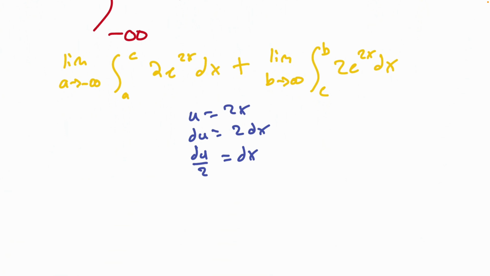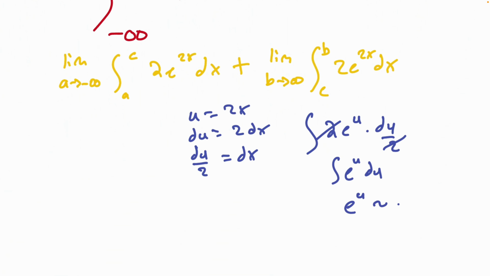So this changes to the integral of 2 e to the u times du over 2. Our 2's cancel out. We're taking the integral of e to the u du. The integral of e to the u is e to the u plus c, of course, but we have bounds, so we're not going to worry about that. And so that becomes e to the 2x, which is what our u is.